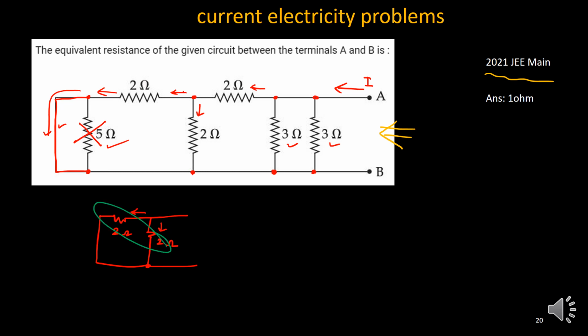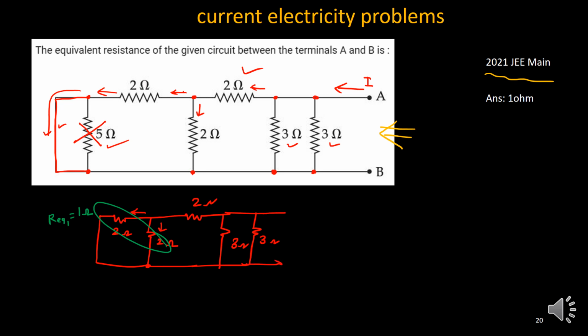So what is the value? Parallel combination of this one, R equivalent, 2 parallel 2 is simply half of that, it's 1 ohm. Okay. Then I'll connect the rest of the part. So the rest is this 2 ohm resistance, then this 3 ohm, and then this 3 ohm.